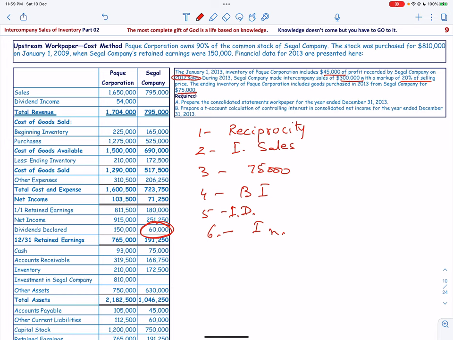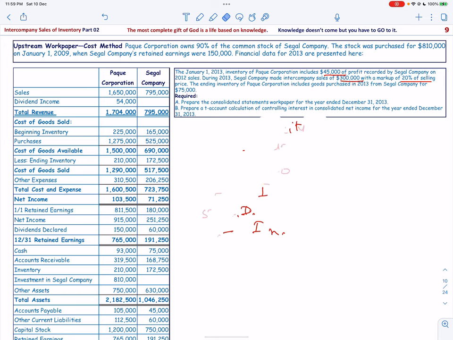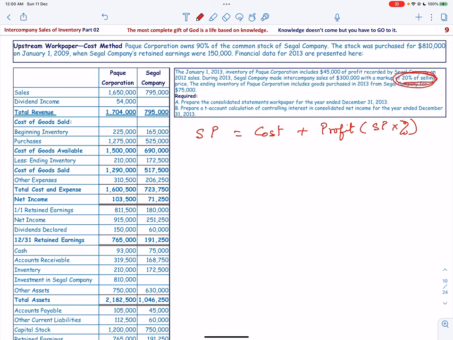Now as I just said, in the previous example the markup was on cost, but in this the markup is on sales. So in this case the selling price or the sales is going to be equal to cost plus profit, and this profit is selling price times percentage because this is 20% of selling price.